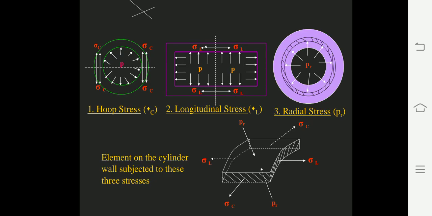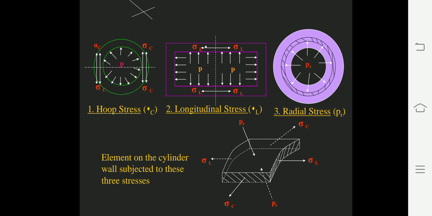Here, see that inside the cylinder the pressures are acting on the wall. Due to that fluid pressure, the forces act tangentially and are tensile in nature. Due to the tangential and tensile pressure on the wall of the cylinder, the diameter may increase. This is called the hoop stress.